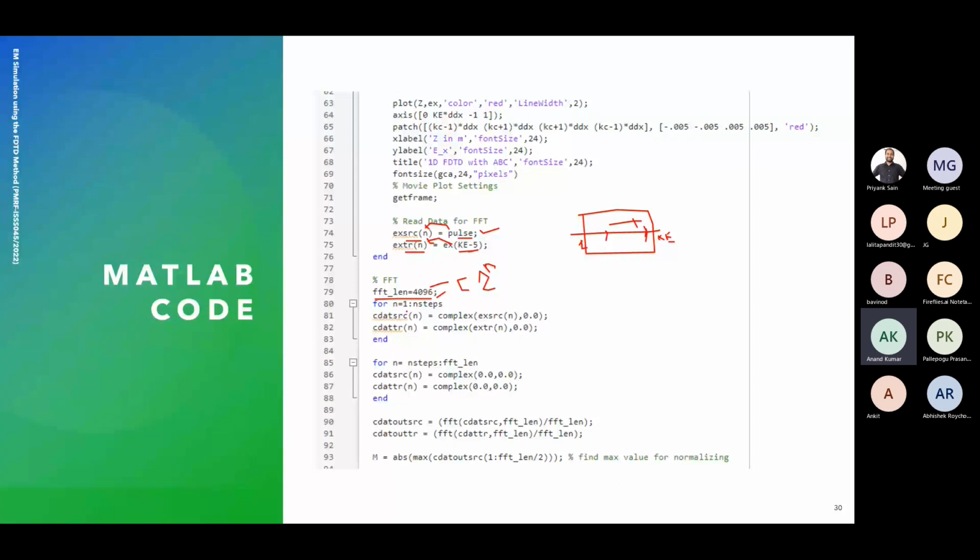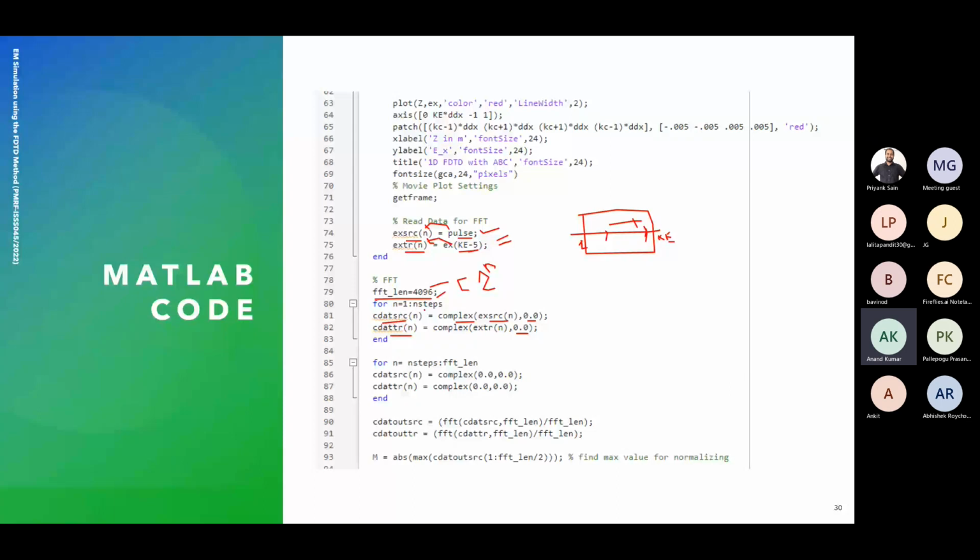The FFT requires the data to be complex, and the data we have accumulated is real. So we use the complex function, where this is the real part and the imaginary part is kept as 0, and we store it into a different array.